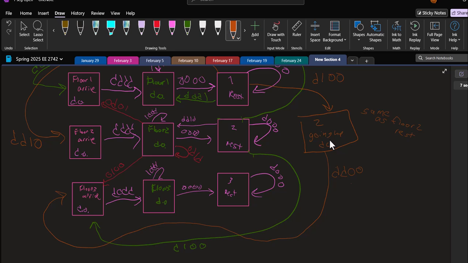I'm just going to put outward behavior. So all the same arrows that we have for floor 2 at rest, we'll have for this one, floor 2 going up. And knowing that, we now know what floor 2 going down is going to look like. It would be the same idea coming from floor 3.